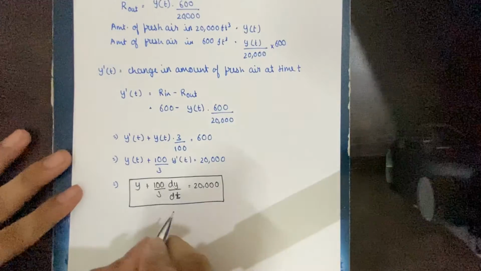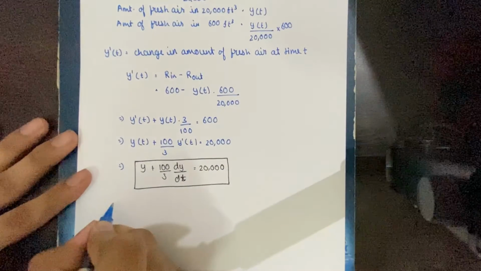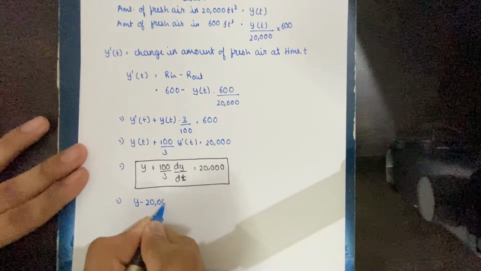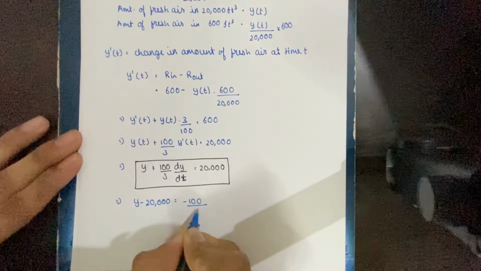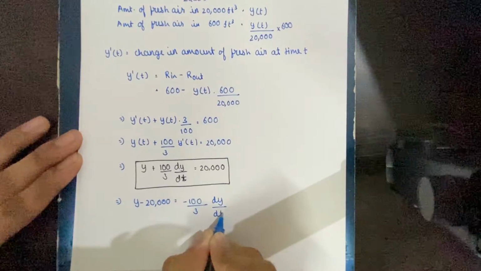Now all you need to do is some minor rearrangements, and then we need to integrate. So y minus 20,000 is equal to minus 100 by 3 dy by dt.